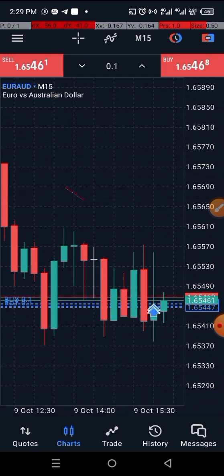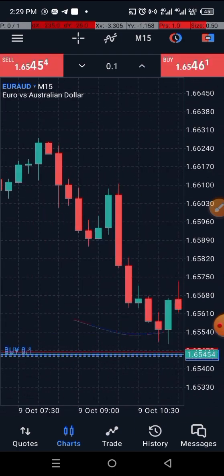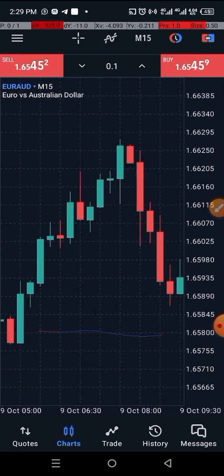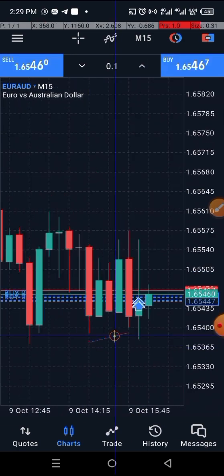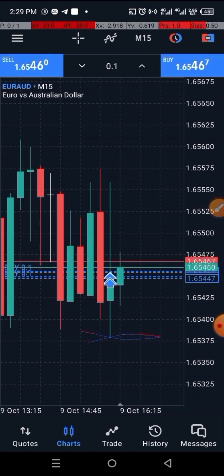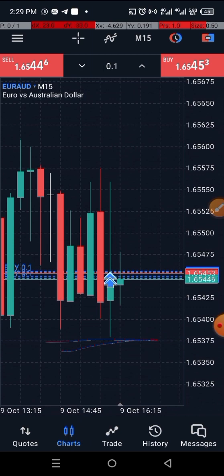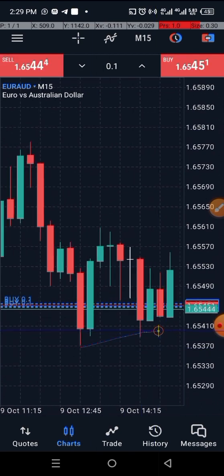Alright, I will go straight to show you where you can add indicators to your chart. Before I go on, I've already opened this chart of Euro Australian dollar, but it's not a must that I can only add the indicator on this chart.